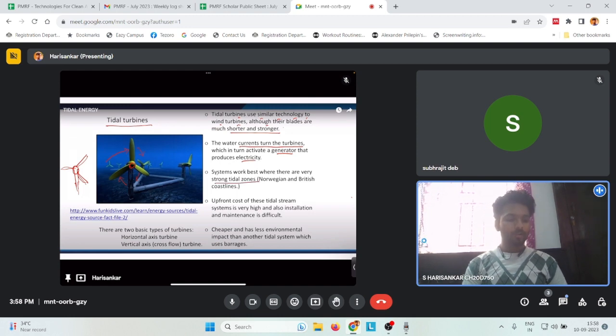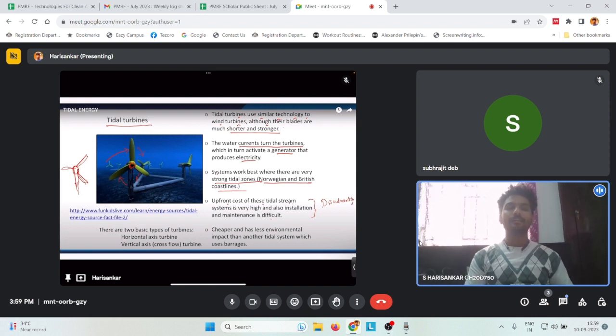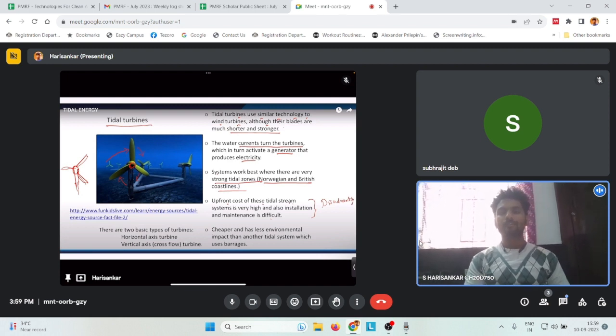The system works best when there are very strong tidal zones. For example, Norwegian and British coastlines have very strong tidal zones, so in these places there is a huge potential to harvest tidal energy. The upfront cost of these tidal stream systems is also very high, and installation and maintenance are difficult. This is a disadvantage of tidal turbines.